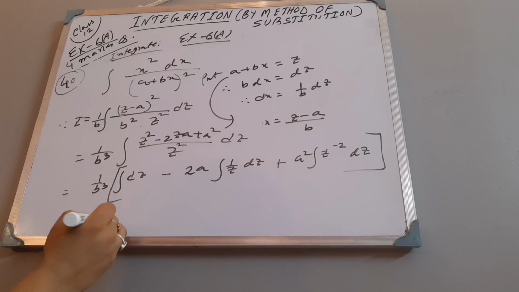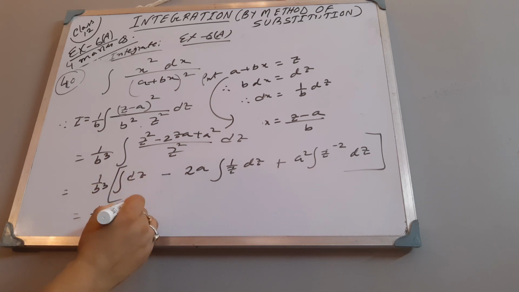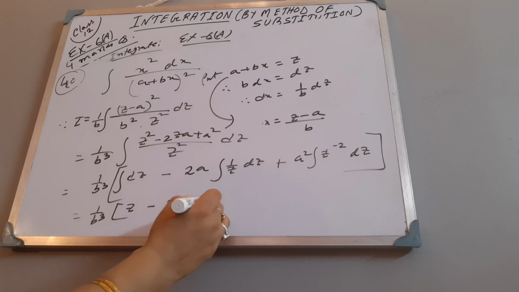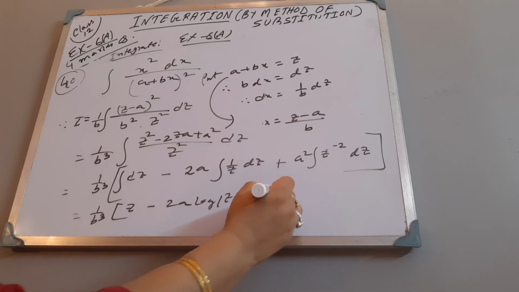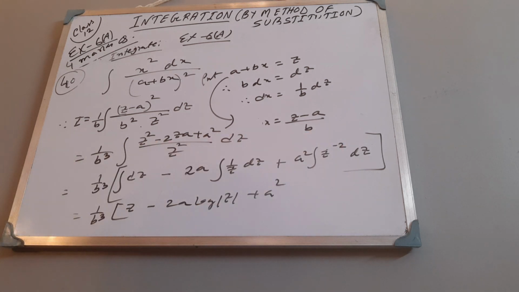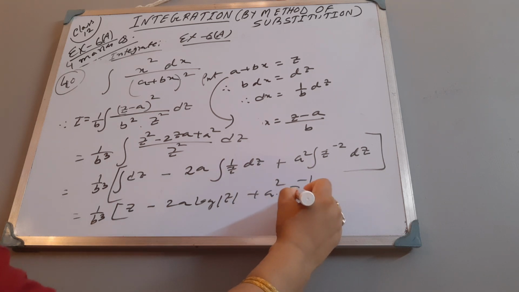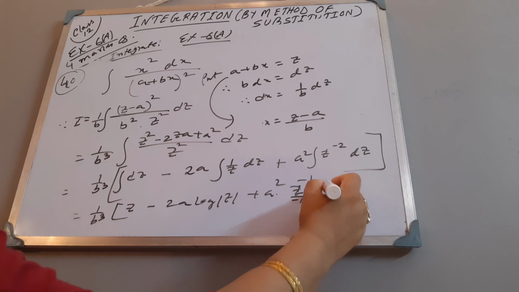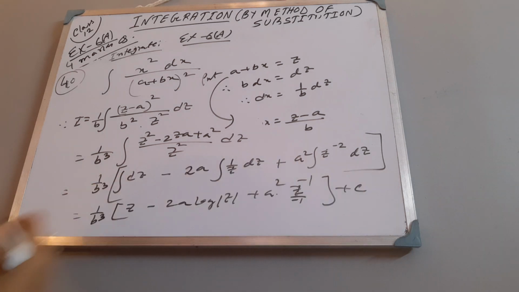So it is coming 1 by b cube, and integral z means z square by 2, minus 2a z, plus a square log z, plus c.